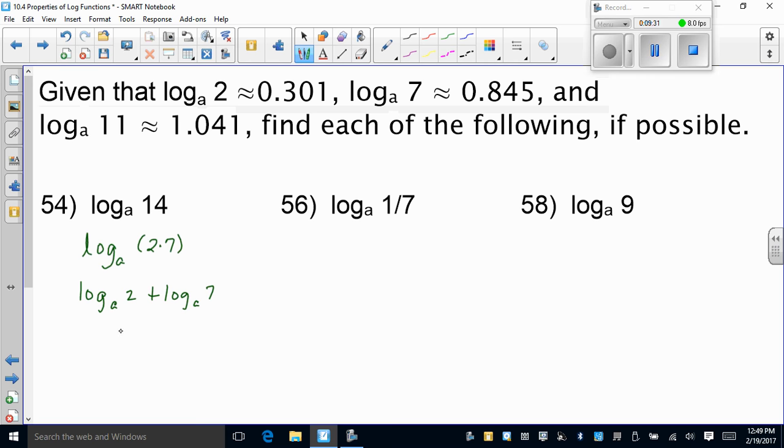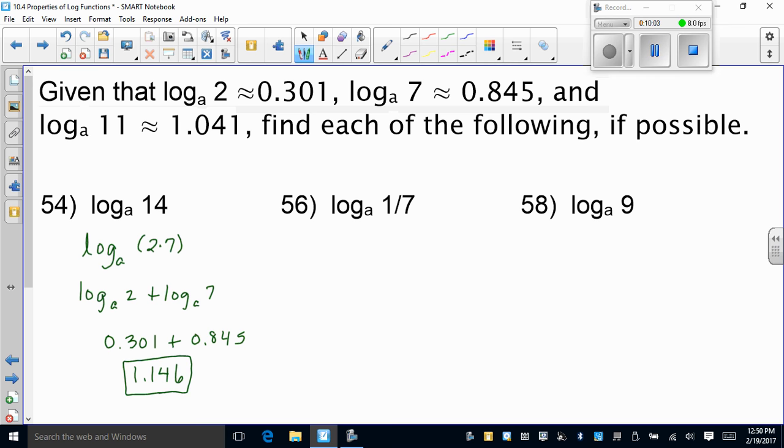Log base a of 2 is 0.301 plus log base a of 7, 0.845. And then we add these two up and we get 1.146.